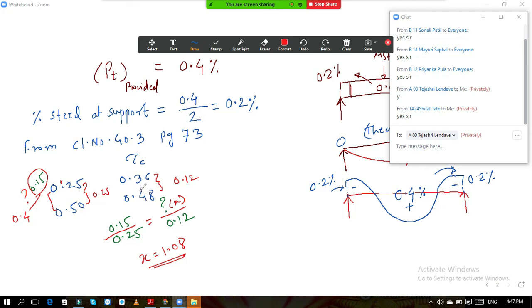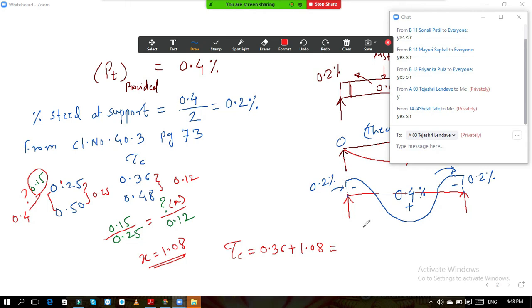Therefore, while moving from 0.25 to 0.4, this value should be increased. So how much increase is there? So your final value of tau c will be this value 0.36 plus 1.08.